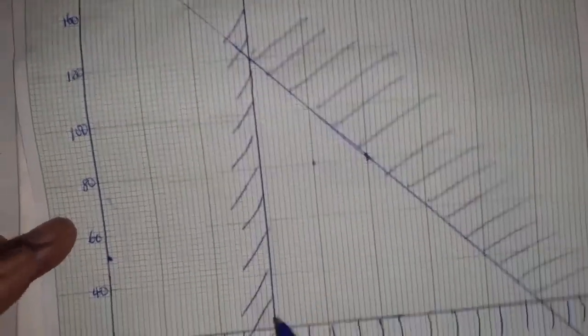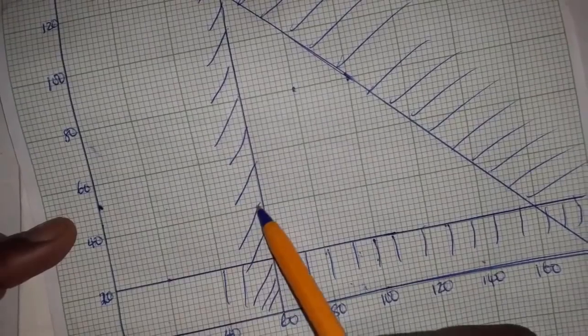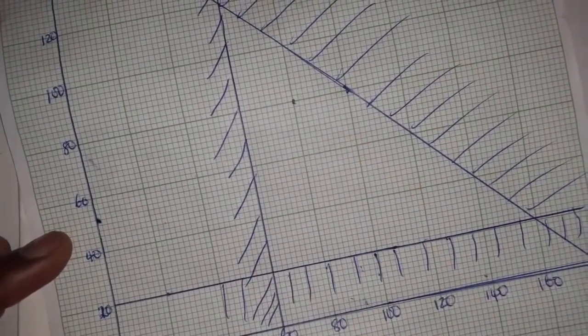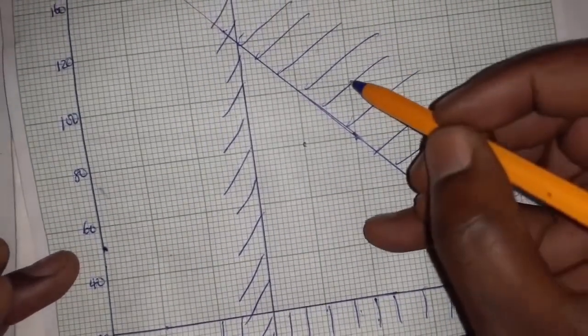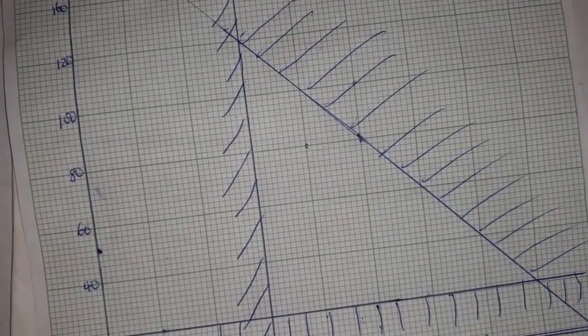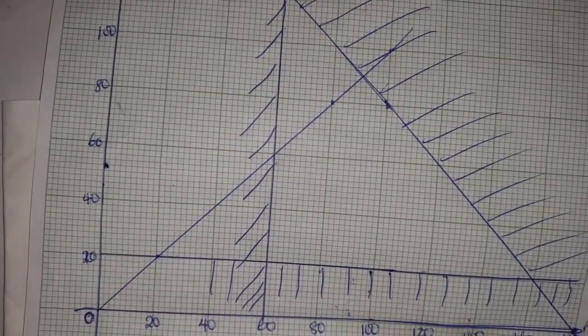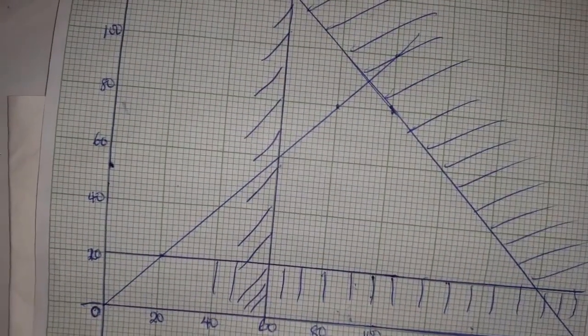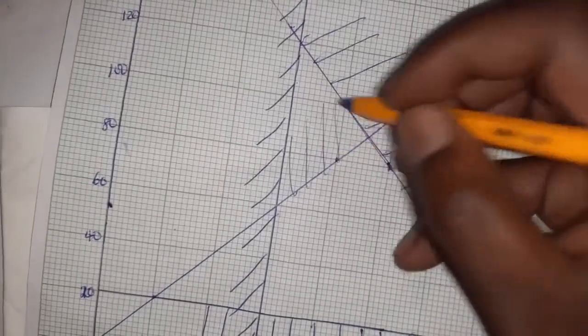So you just draw a straight line from 0, 0, 20, 20, 40, 40, just that one. 100, 100, this one. So it will be this. So you shade.